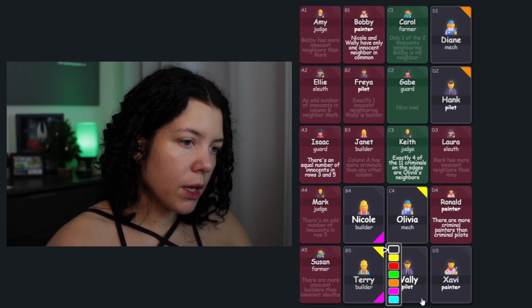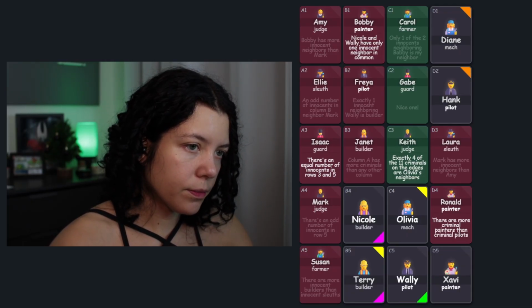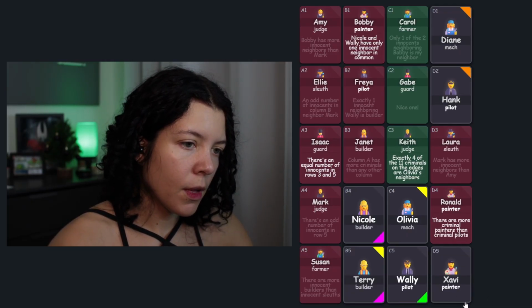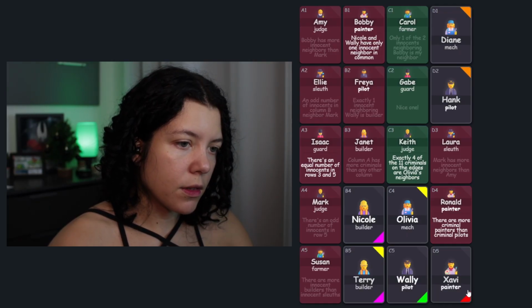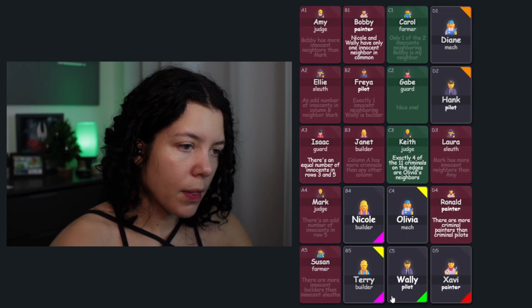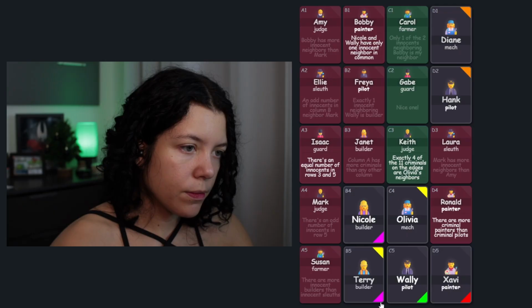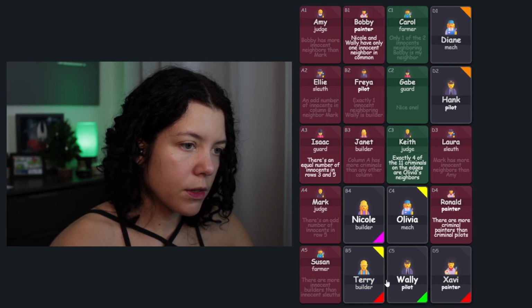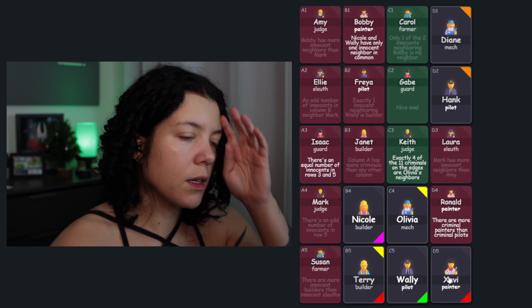Let's say that Wally is an innocent. Then Xavier is a criminal, and Terry as well, because there could only be one innocent in row 5.